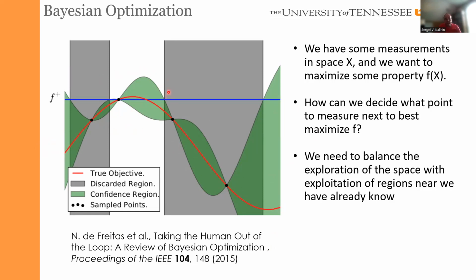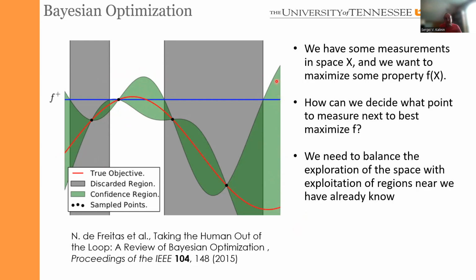The first type of locations we are going to look at is where our predicted function has high value. If our predicted function has high value here, we can expect that the maxima can be somewhere here. But there is a second type of locations we want to look at. And these are the locations where the function has high uncertainty. So look at this location and this location. Our predicted function, the red curve, is expected to be small, but our uncertainty is such that we just don't know.